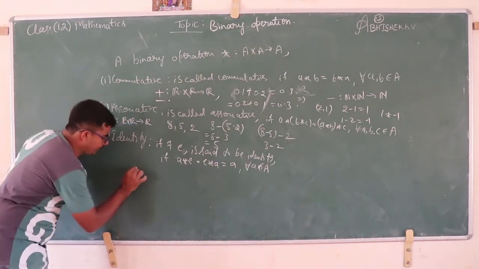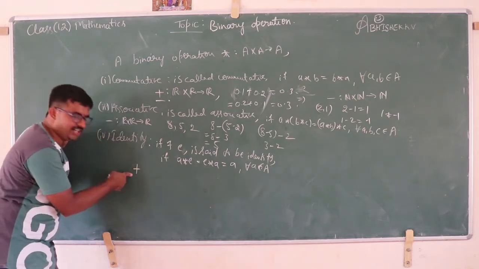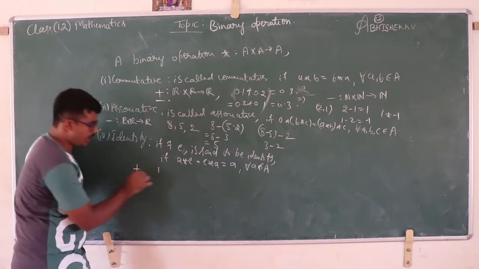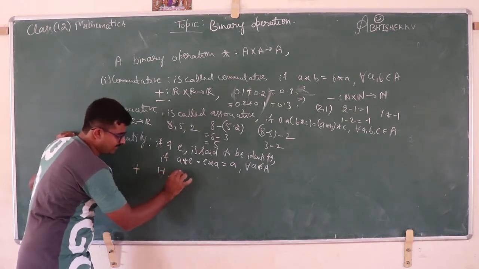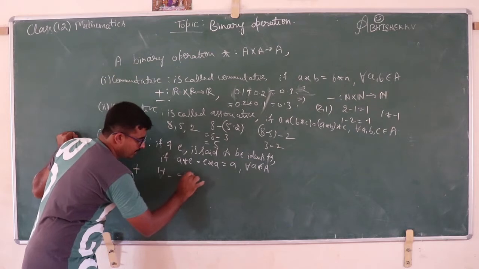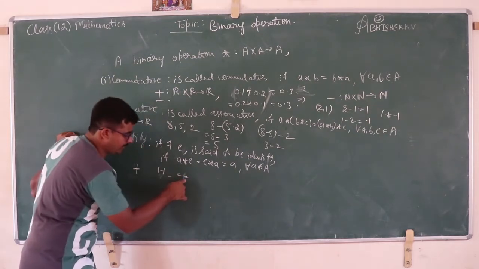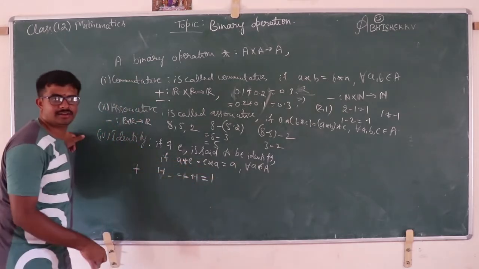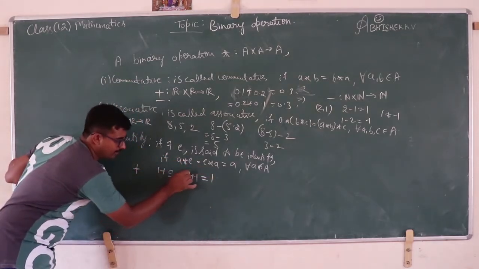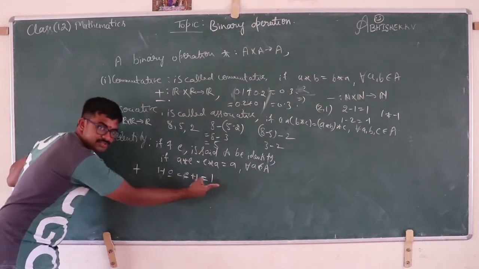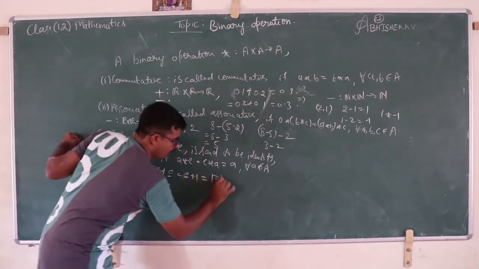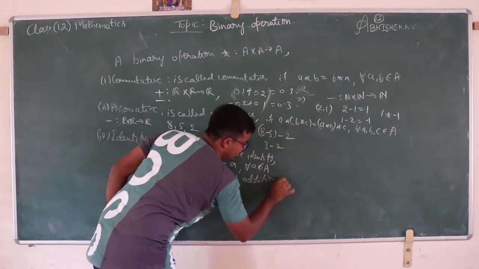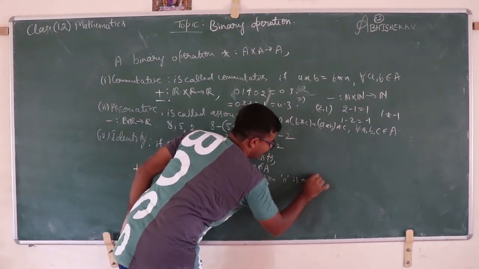See, if I consider addition, what is the identity element for addition? If I consider 1 plus something is equal to something plus 1, according to the property it is equal to 1. See, for what number? If I put 0, 1 plus 0, 0 plus 1 is equal to 1. Therefore, for addition, 0 is an identity element.